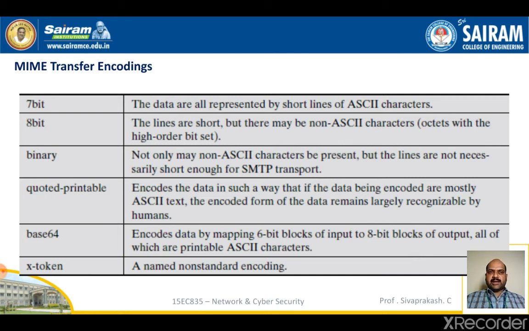Another content transfer encoding value is called an X token, which indicates that some other encoding scheme is used for which a name is to be supplied. A user can give the name for this particular encoding process. This could be a vendor-specific or application-specific scheme.